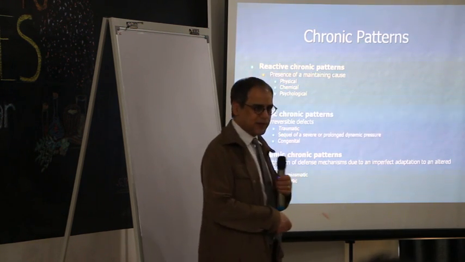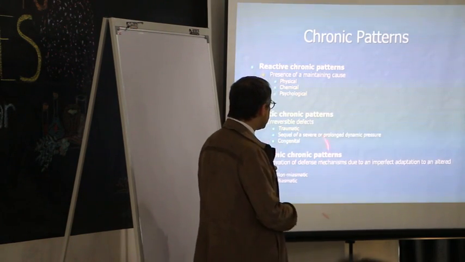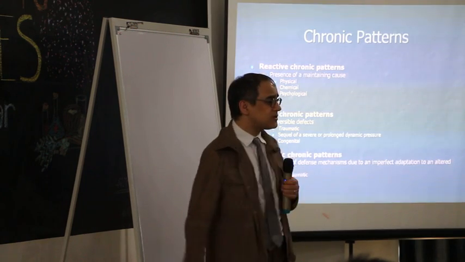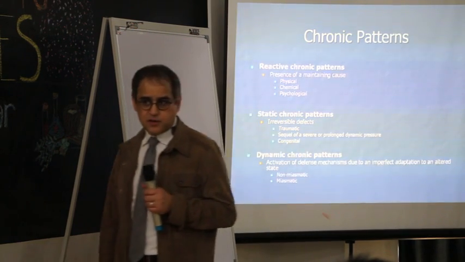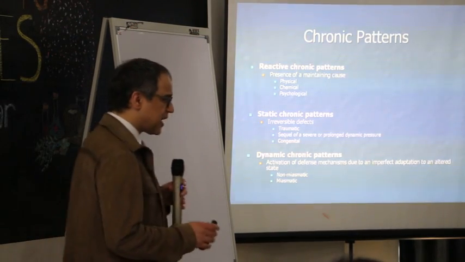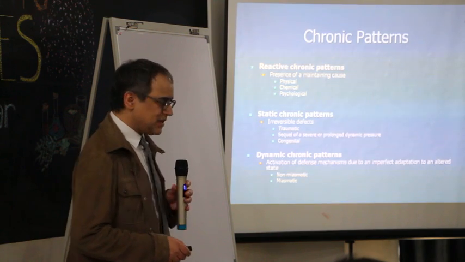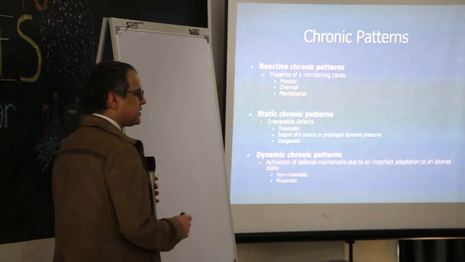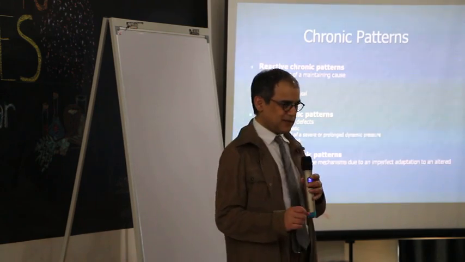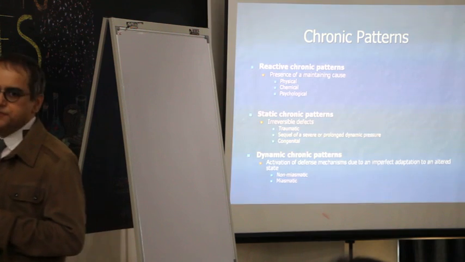One is the traumatic defect that I told you. One is the sequelae of a severe or prolonged dynamic pressure. For example, some types of hypothyroidism are autoimmune, and if you measure the level of anti-TPO antibody in the blood, it is very high.